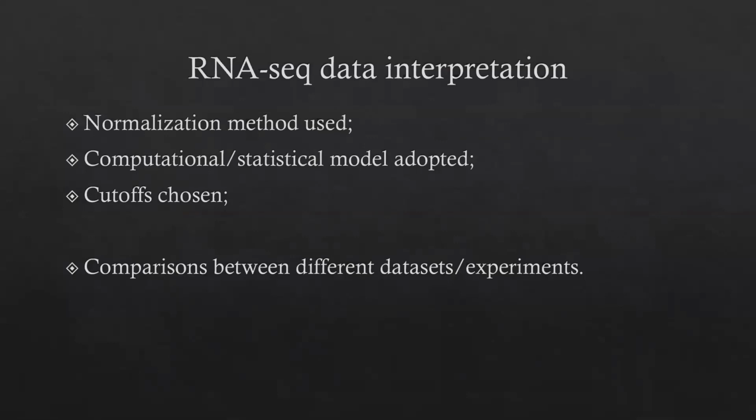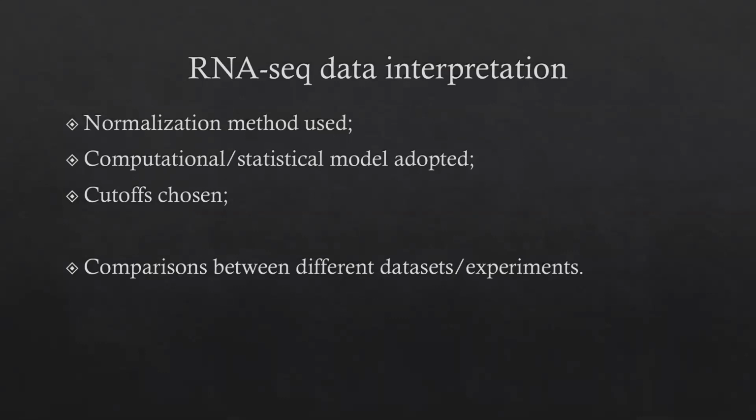In this module, we tried our best to explain RNAseq data analysis in detail, step by step. And we also have to remind everybody and ourselves when we interpret the result. First, we should keep in mind what normalization method we used in the data analysis when we compare different samples.